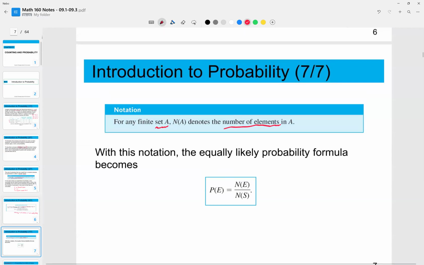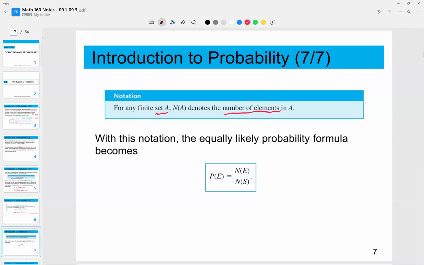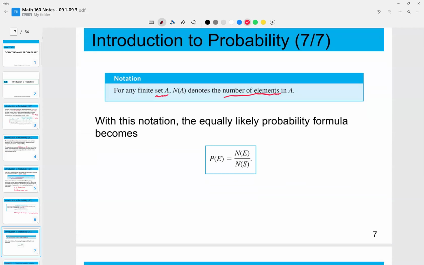Using this notation to express this law, the probability of E, we would just say it's the number of objects in E divided by the number of objects in the whole sample space.